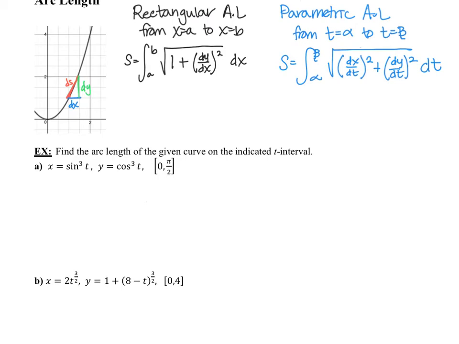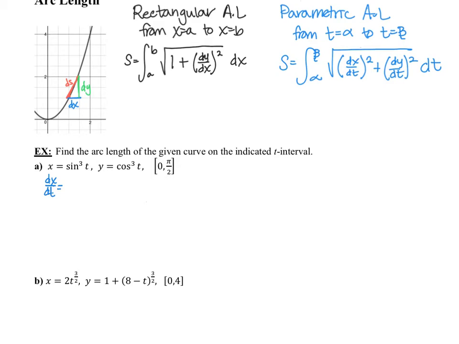What you will notice is that this is a parametric function, and so therefore we are going to use the parametric formula for arc length. So in order to do that, I need to know what dx dt is, I need to know what dy dt is, and then I need to square both of those. Let's start with dx dt.